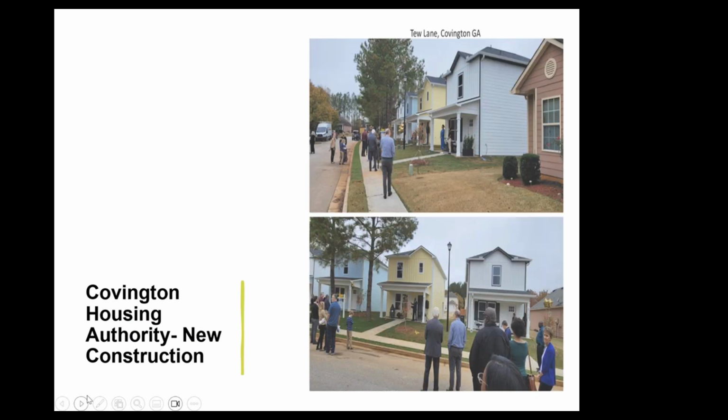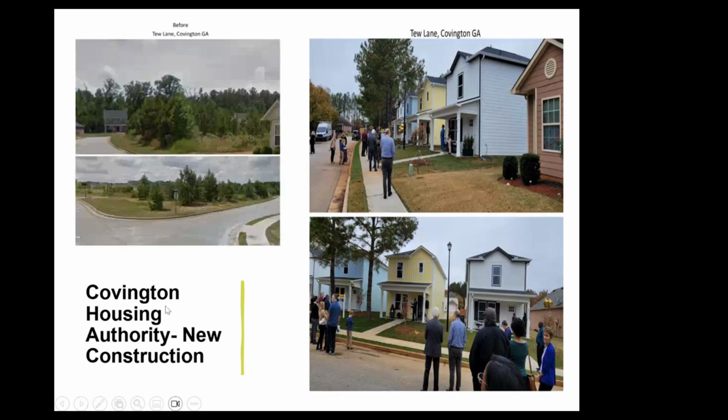Just to give you an idea, we talked about new construction, and this is one of our projects that was built by the Covington Housing Authority. It's new construction, as you can see, and this was during the open house. They built, I believe, about 5 homes, and they all sold successfully. It was a great event.